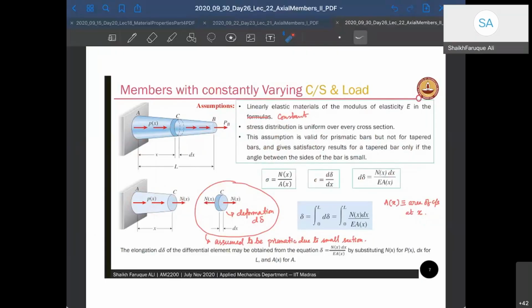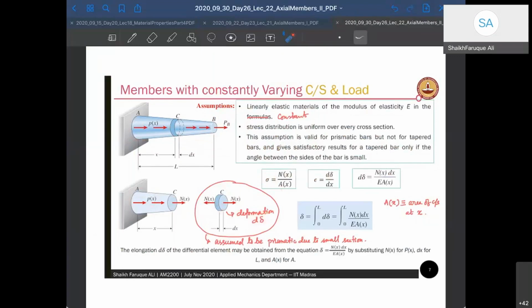So if this is the cross section, I can find that this is Nx, there, this is Nx. And the deformation that has happened is d delta over dx, because this is very small. A is also assumed to be constant. So sigma, the stress acting in this material, is going to be Nx by Ax, and the strain in the material is d delta by dx. dx is this length, and d delta is the elongation that has happened.